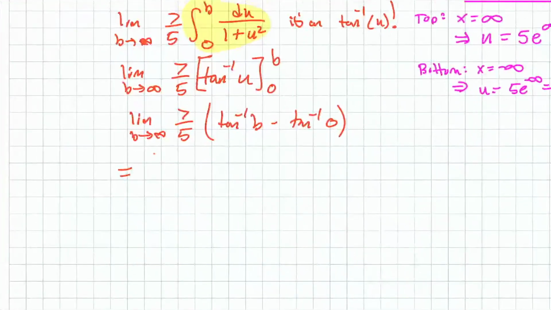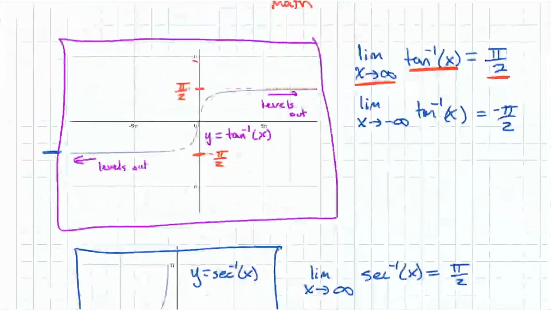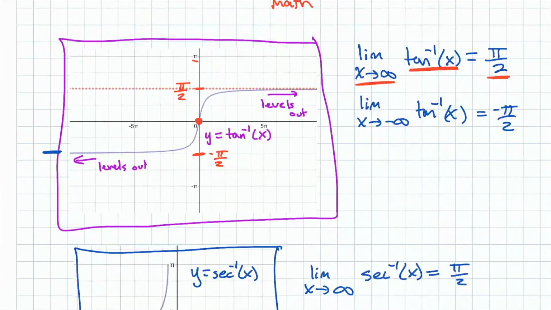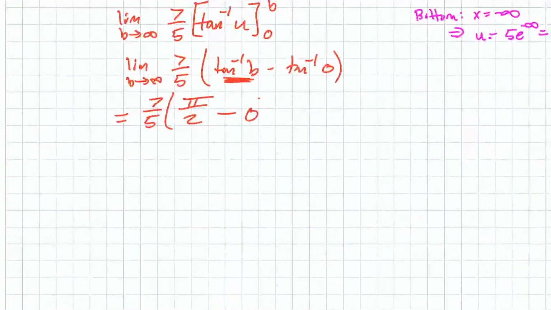So b goes to infinity, so this is going to be 7/5 times pi over 2 minus tangent inverse 0. Well, we didn't talk about that. Let's go look at the graph. Tangent inverse of 0 is actually 0. It goes through 0, 0. So that's 0. So you do all that work, you get 7 pi over 10.